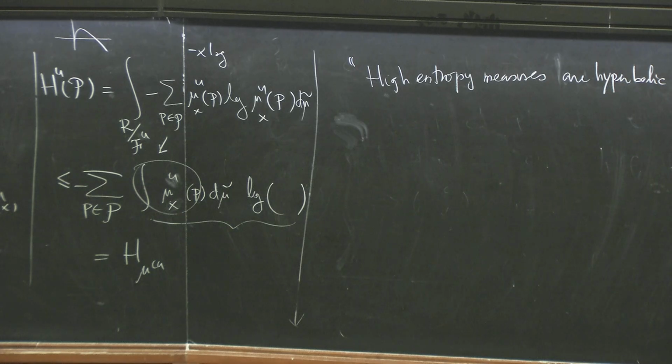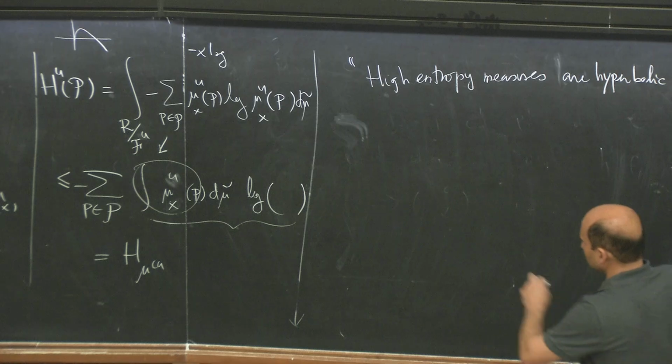Okay? So what do I mean by this? Maybe it is nothing, but it is beautiful. If you know that all ergodic measures of maximal entropy are hyperbolic, then high entropy measures are also hyperbolic.